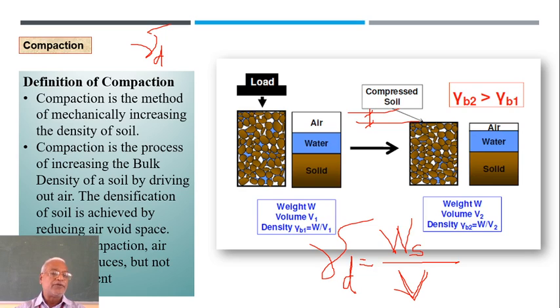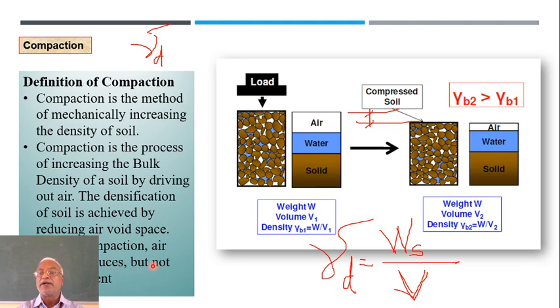Okay, we'll continue with the next point over here. Compaction is the process of increasing the bulk density of soil by driving out air. When you compact it, what you drive out is air, what escapes is air, the water remains the same. The densification of the soil is achieved by reducing air void space. During compaction, air content reduces, but not the water content.